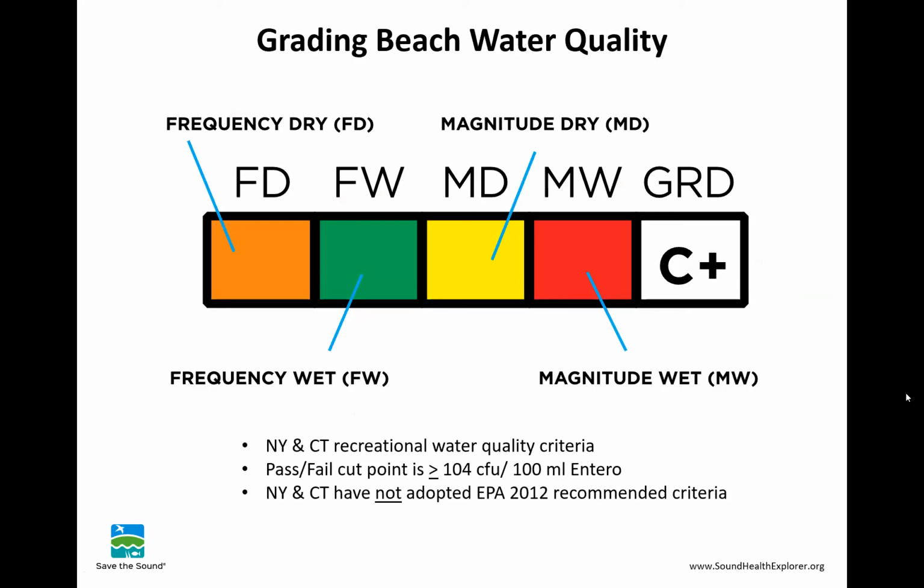If you have less than 104, you stay open for swimming, and if you have more than 104, you should be closing the beach until that number comes back down. That's our pass-fail and what we would call the frequency of failure. So how many times in a given swim season does the beach have greater than 104 entero count in its samples?